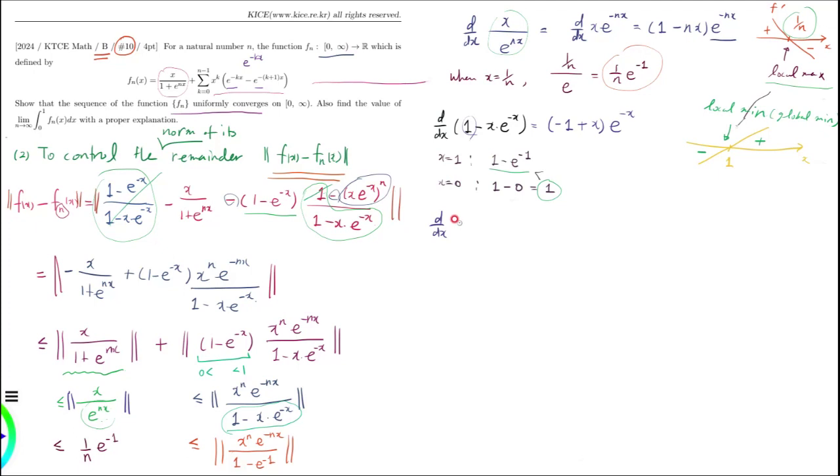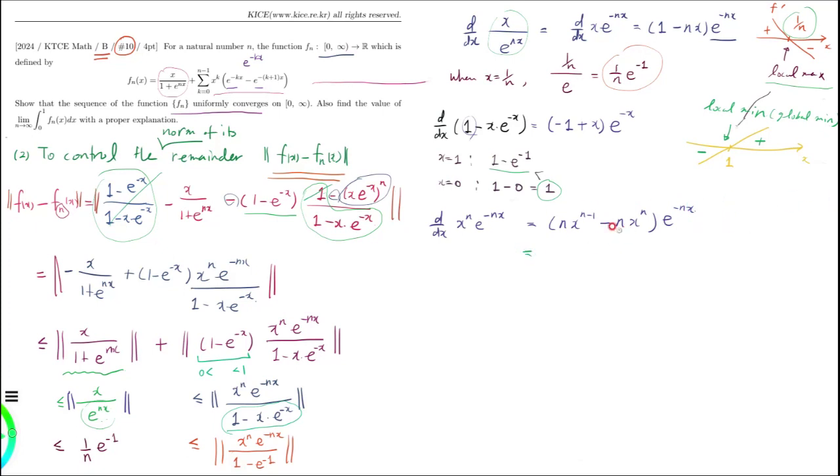Let me take the derivative with respect to x of this numerator function, x to the n power times e to the minus nx. And what I have is n times x to the n minus 1 minus n times x to the n power e to the minus nx power.